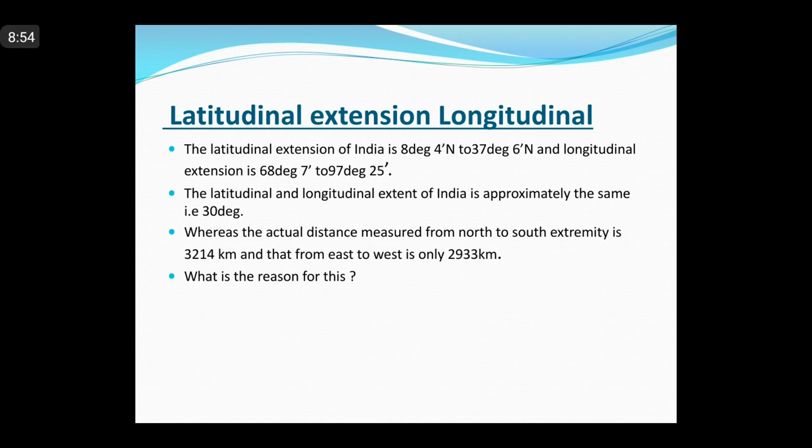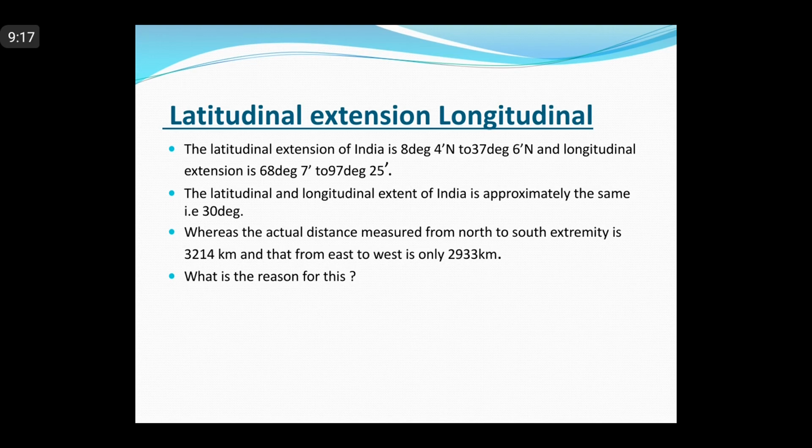So the latitudinal longitudinal extent of India is almost the same, whereas the actual distance measured from north to south is about 3,214 kilometer, and that from east to west is only 2,933 kilometer. And what's the reason?